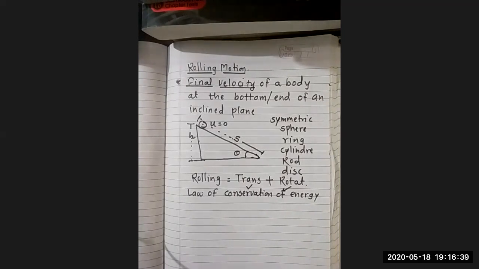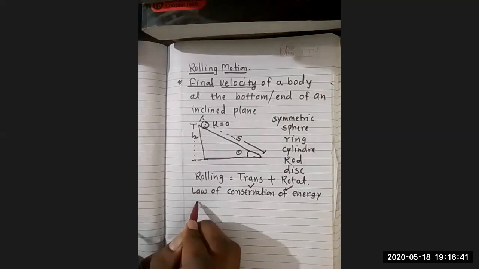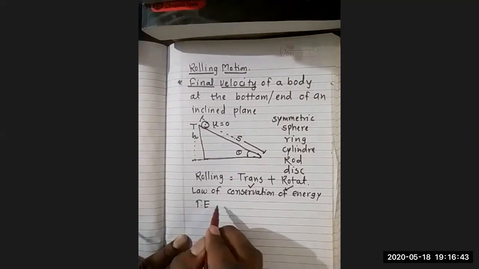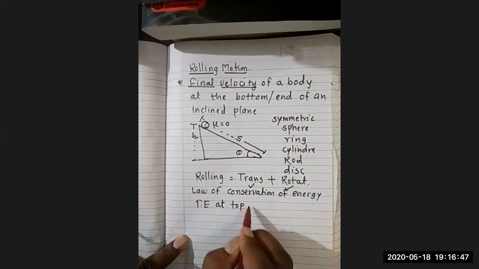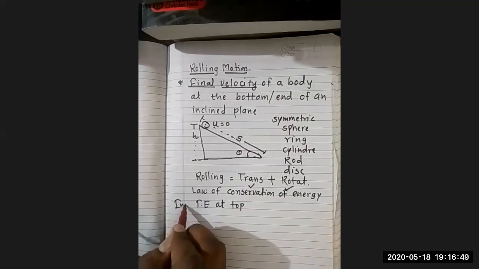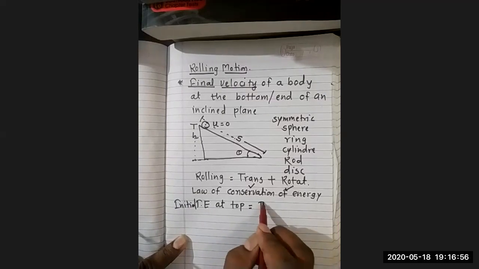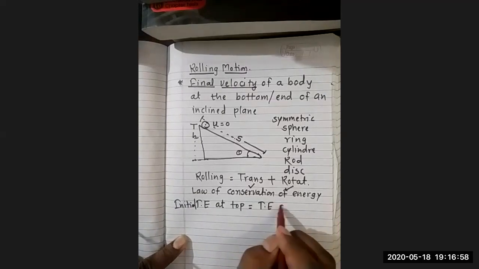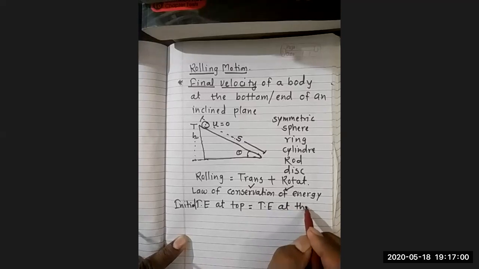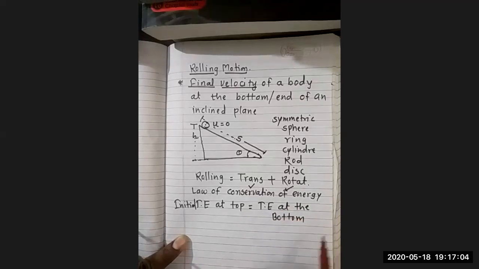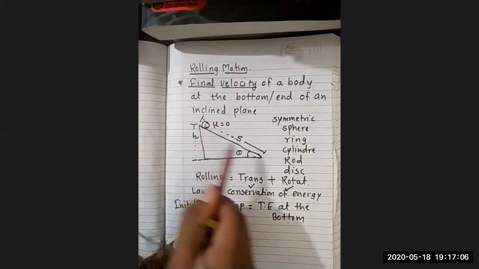So in other words, mathematically, the total energy at the top, that means the initial total energy at the top, will be equal to the total energy at the bottom, because we consider that the motion starts from the top and ends at the bottom.